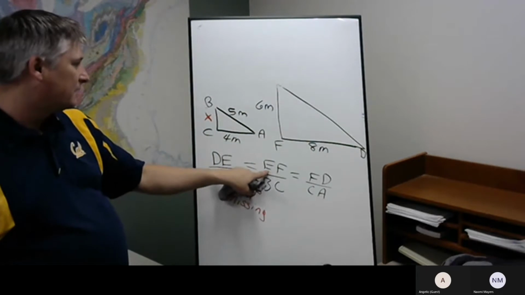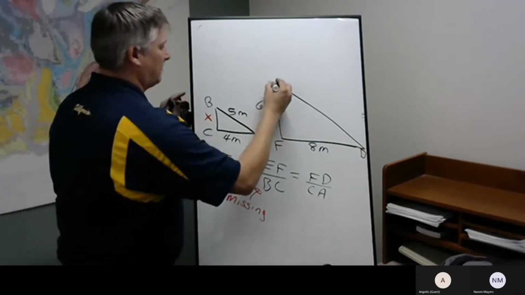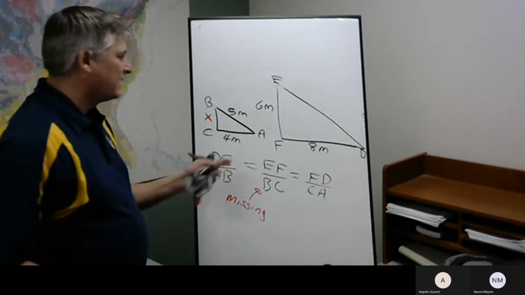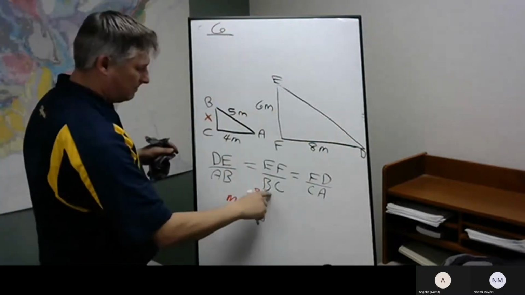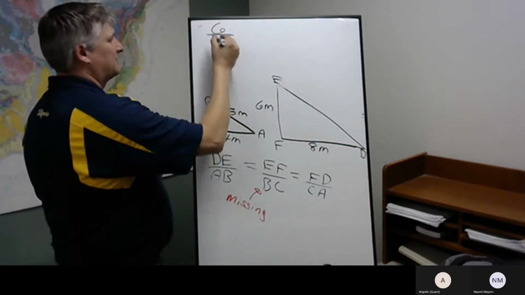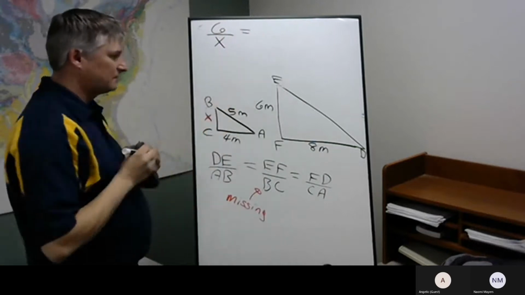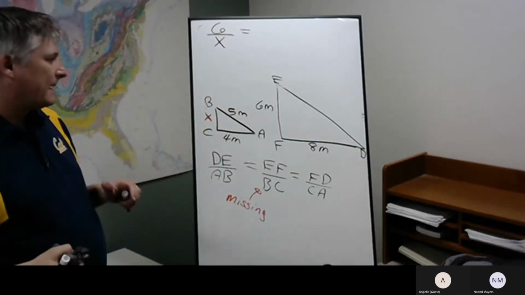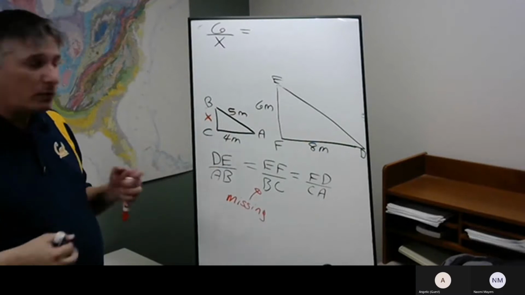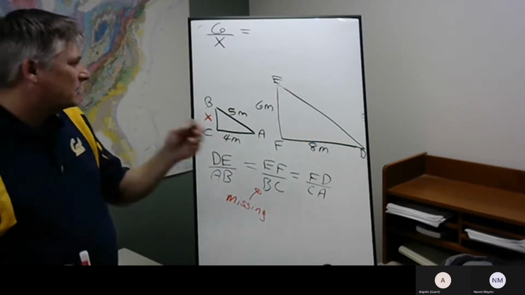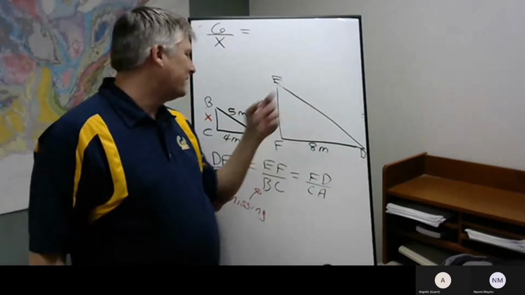EF is 6, BC is X. Now, we want to work with a second ratio. We need one more. We don't have any information for DE.